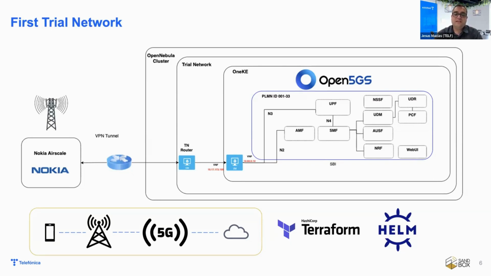Imagine that this is the simplest trial network that we are going to use, and right now we are iterating and introducing much more complexity. So we are very grateful to have a tool like OneKE that allows us to be much more agile and efficient, and of course, happier.